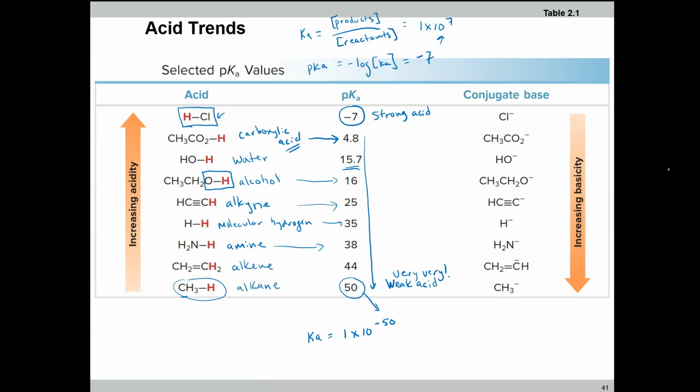So you'll notice as we get from alkane to alkene to alkyne, that pKa value gets lower and lower, and this becomes stronger as we go from a single bond to a double bond to a triple bond. And we'll talk about that in a little bit in terms of why that is. But this is just a general good chart to be able to differentiate between the different acids and their strength. And that's based off of this idea of the pKa value that we spoke about in the last lecture set.